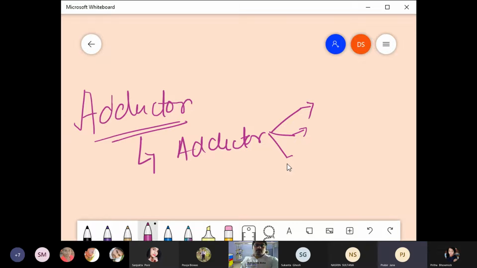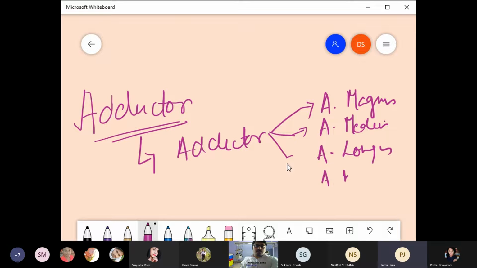For example, we have something called adductor magnus. Then we have adductor medius, adductor longus, adductor brevis. Now, these terms magnus, medius, longus, brevis are terms that are reflective of the size or the length of the muscles. Brevis means short, longus means long, and magnus means a huge one.